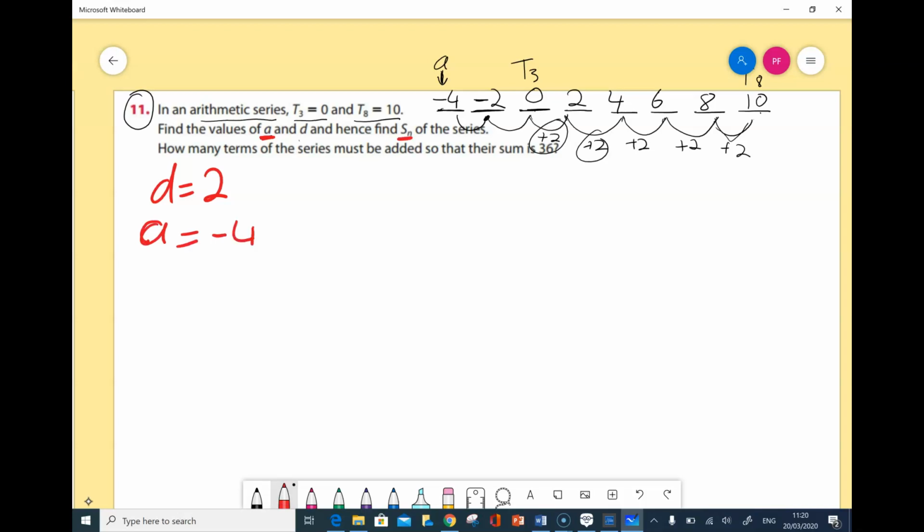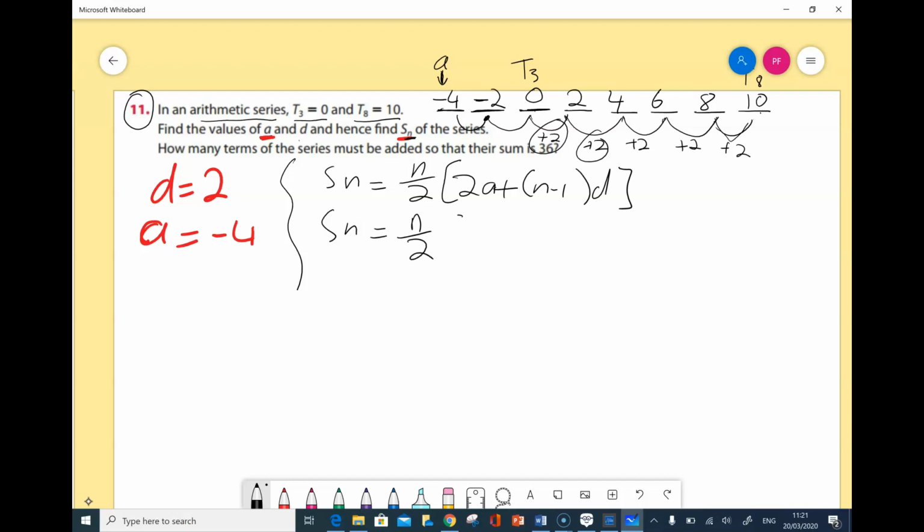Now they want me to find Sn. That means the formula for the series for adding them up. Now it's a set formula. It's n over 2. So this formula is in the log tables, and we've used it over the past couple of days. And we don't know what n is. So n is just going to stay as n. But we can fill in for a and d. So a is going to be minus 4, and plus d is going to be 2.